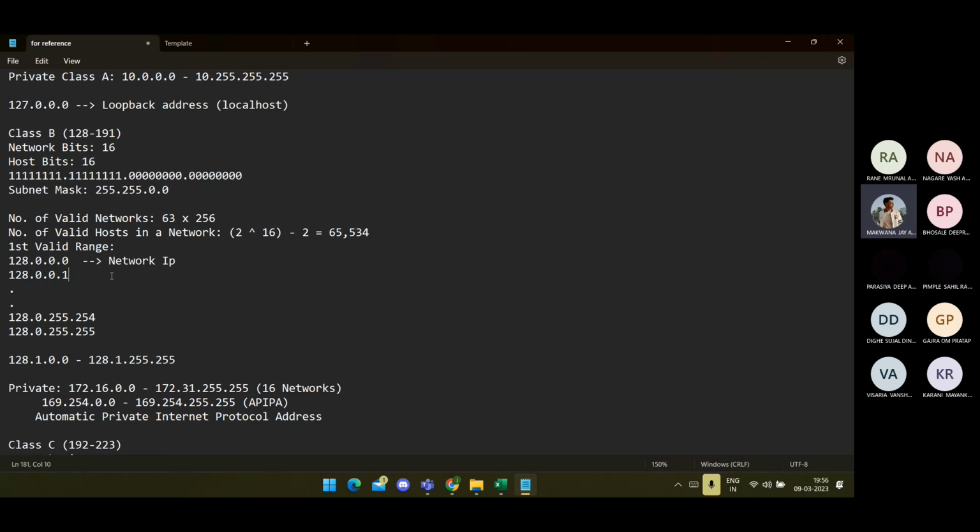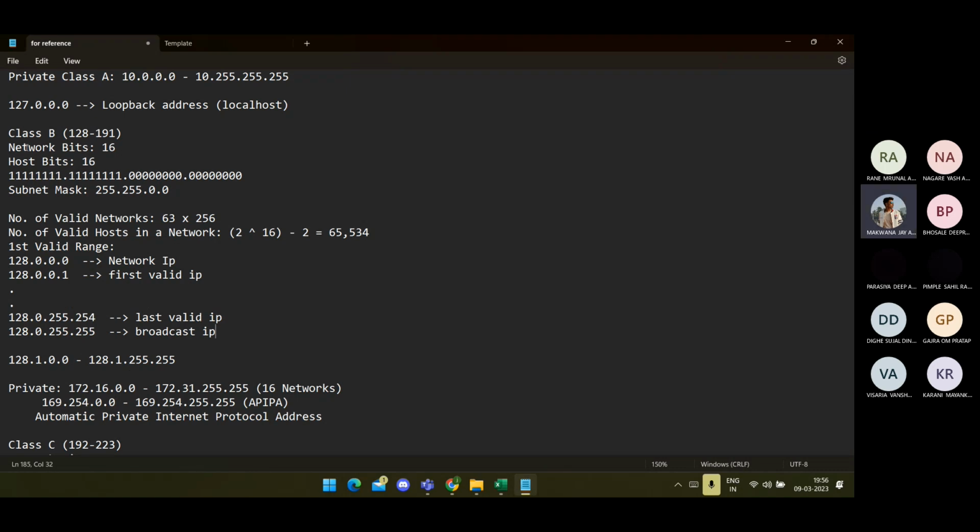The second will be the first valid IP. This will be the last valid IP. And the last IP will be for Broadcast IP. Yes, very good. In the same way, we have to do it for class C and class D.